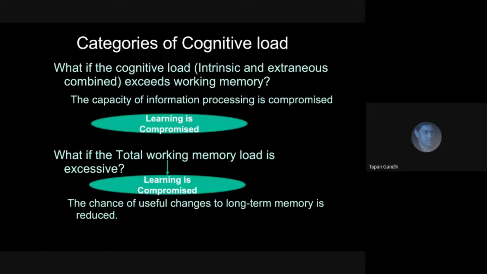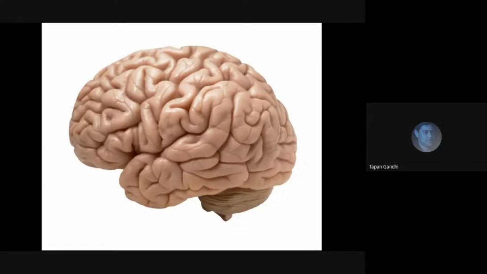The second question is, what if the total working memory load is excessive? Then again, learning is compromised. The chance of useful changes to long-term memory is reduced, right? So when you are planning to develop some kind of intervention technology, you need to understand all this process very well.